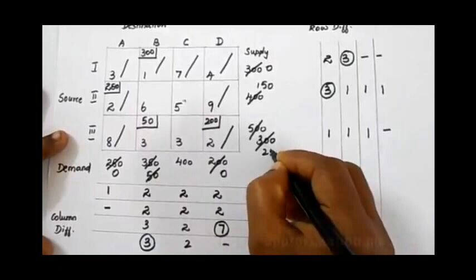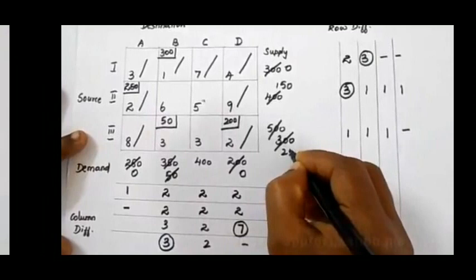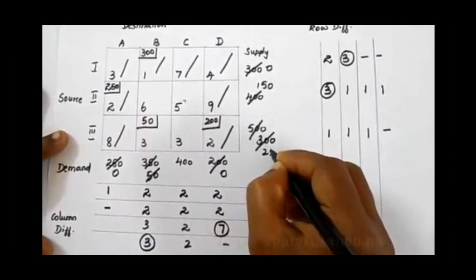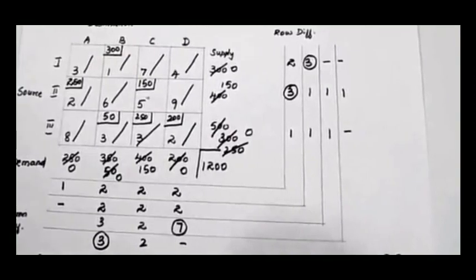Only the values 6, 5 and 3 are left, and then only 5 and 3 are left.